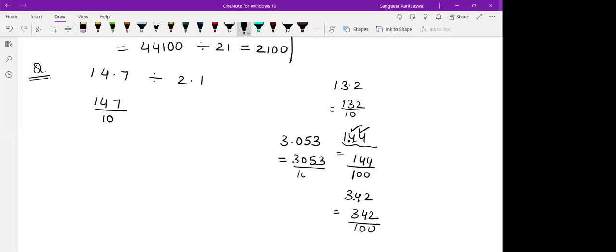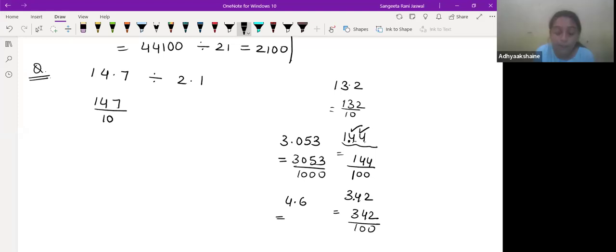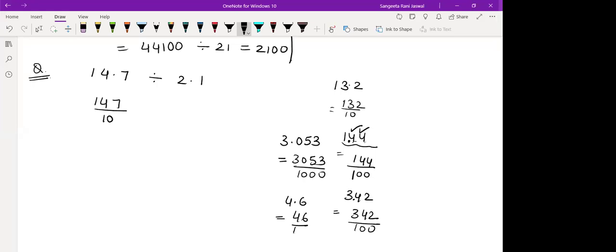By 1000. If I have a number say 4.6, how will I write it in a fraction form? 46 by 10. 46 by 10. If I have a number say 5.23467, how will I write it in a fraction form?